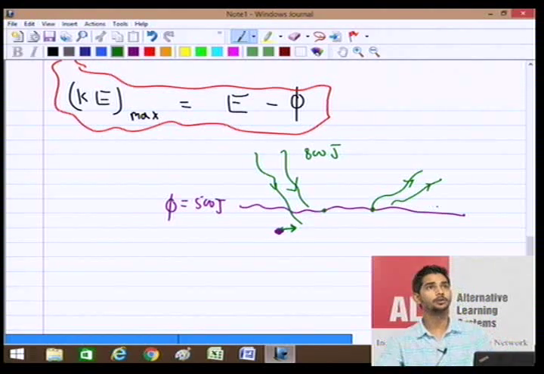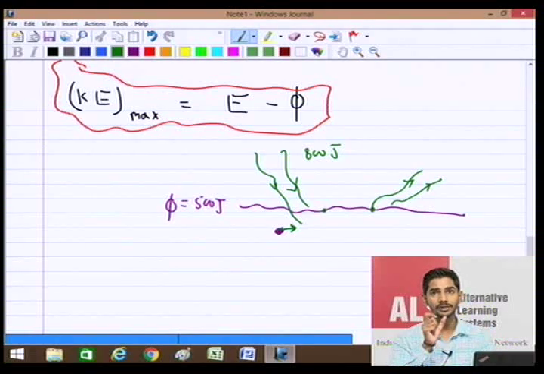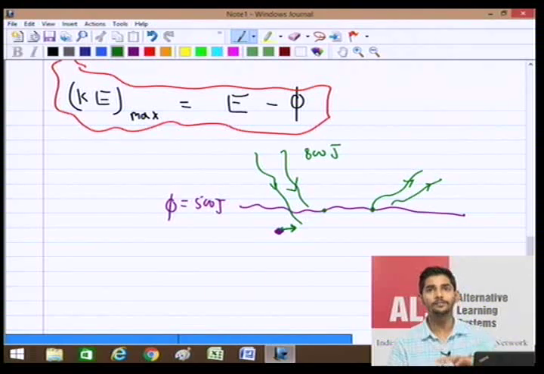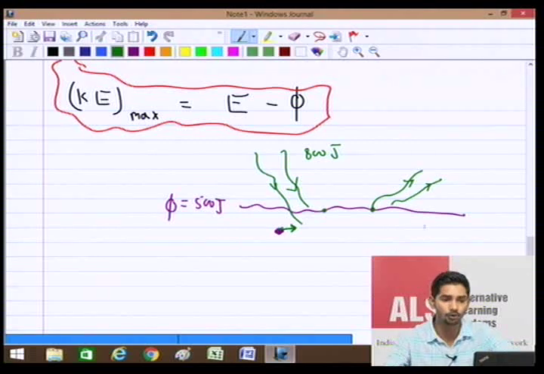Listen to me very carefully: to reach the metal surface, the electron needs at least 500 joule of energy. So whenever you provide 800 joule of energy, 500 joule will be used by the electron to reach the metal surface. Now it is left with how much energy? Obviously 300.